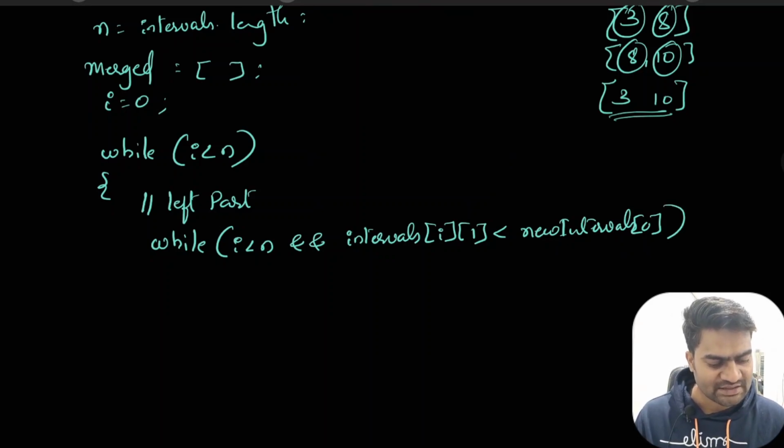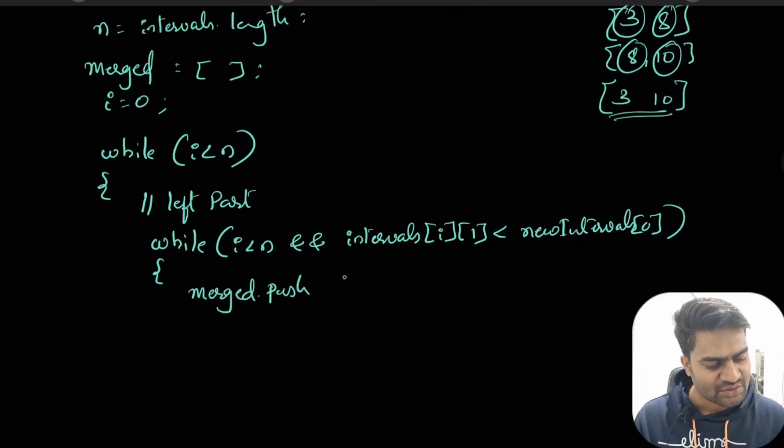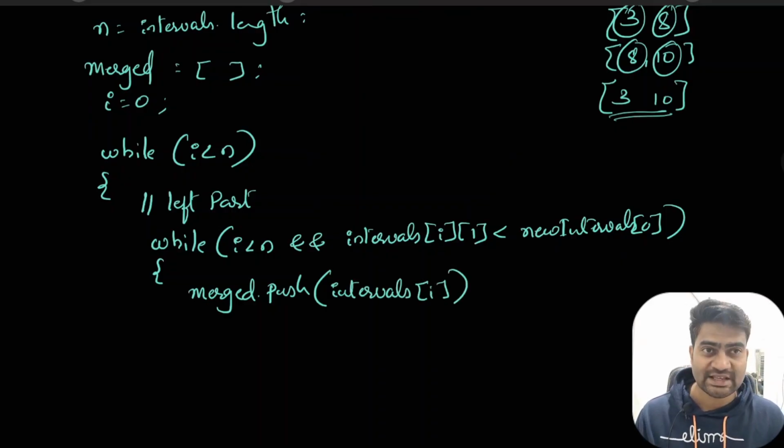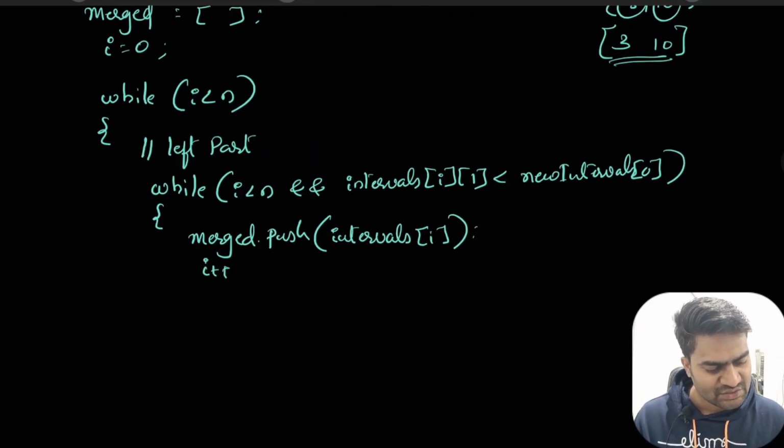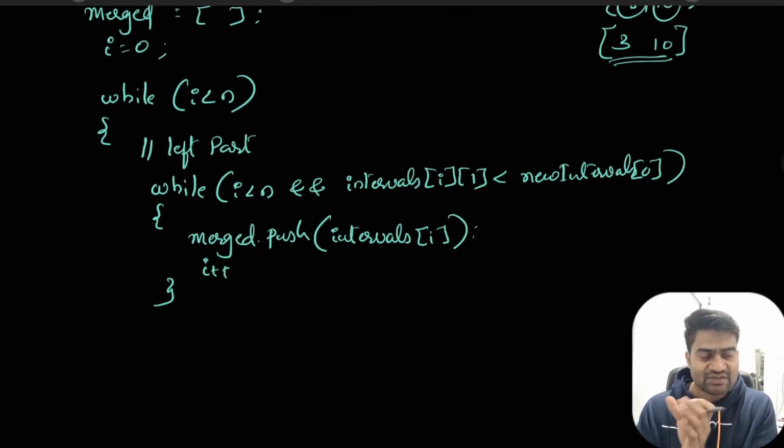So as long as this is the case, I will simply say merged.push or add, basically. So push our intervals of i, because this is the non-overlapping part. After that, I will have to increment my i. So this is processing the left part.